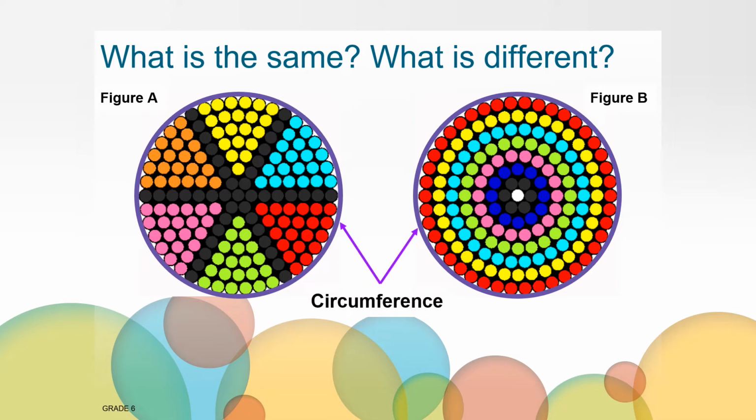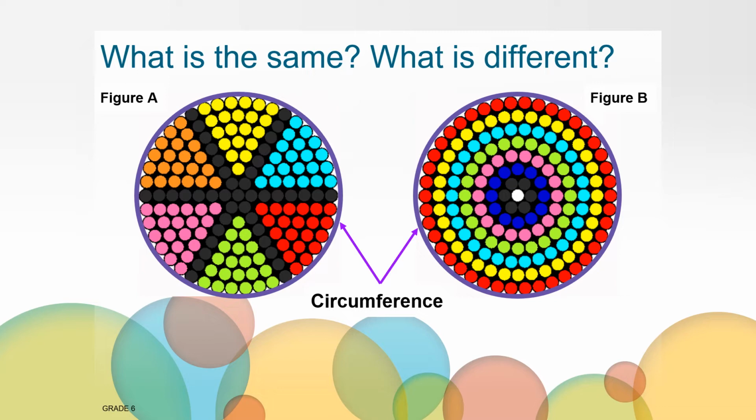Now let's take a look at some of the differences. One difference you might have noticed is that figure A has been partitioned into 6 equal parts, and that its little circles are grouped by color, and that figure B's colors are organized into rings of little circles by color.